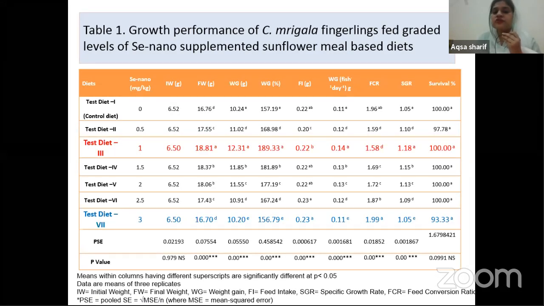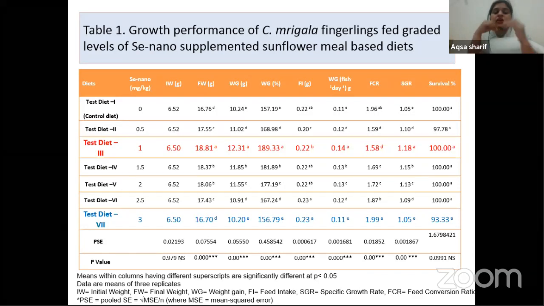And the growth performance of Cirrhinus mrigala fingerlings. To elaborate this table, I will say that the weight gain percentage and the specific growth rate were good, which was obvious by adding the test diet 3, having nanoselenium particles at the level of 1 milligram per kilogram.